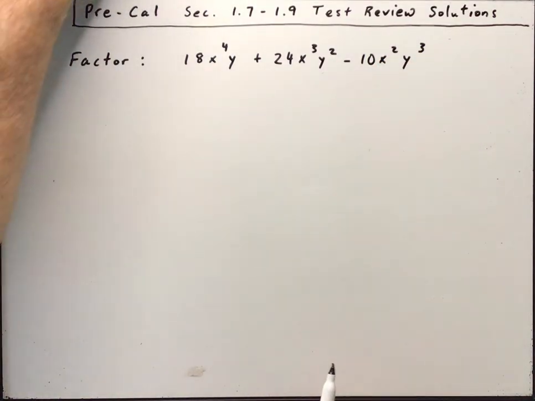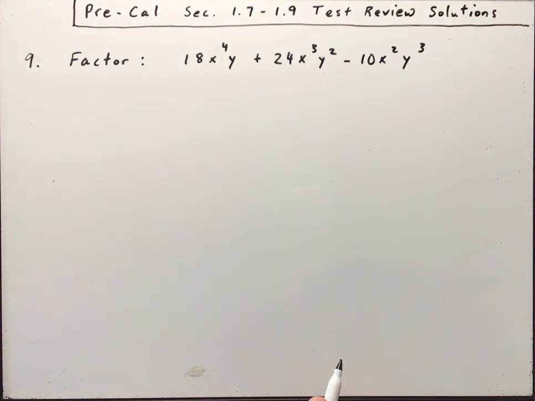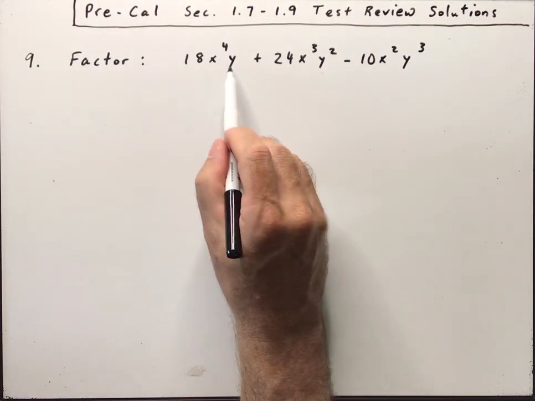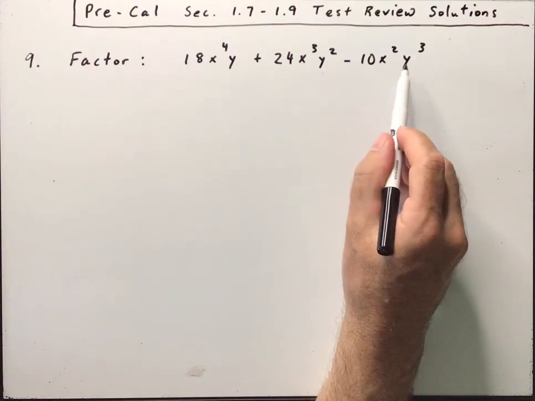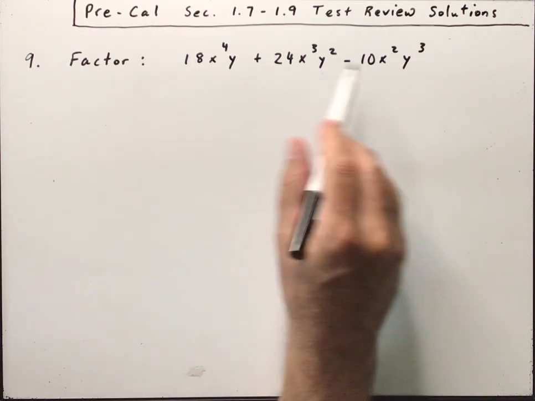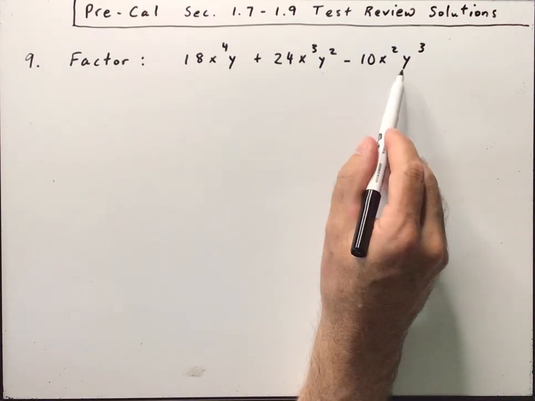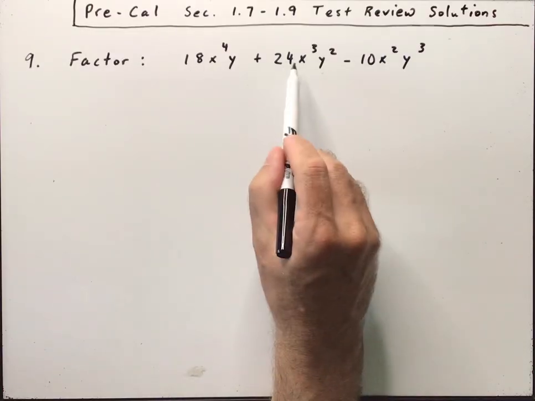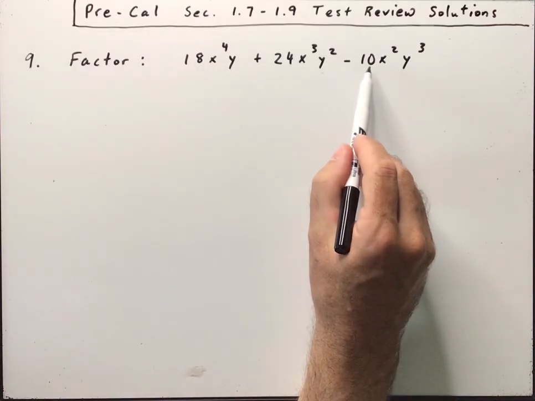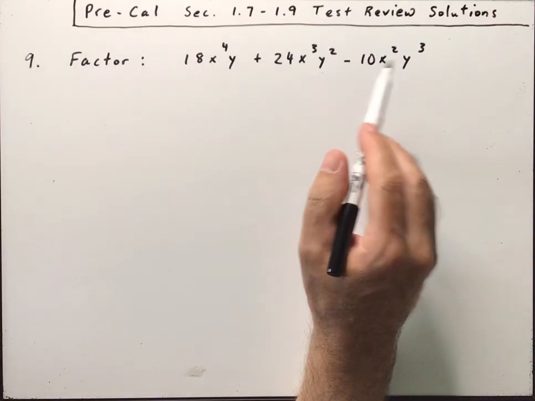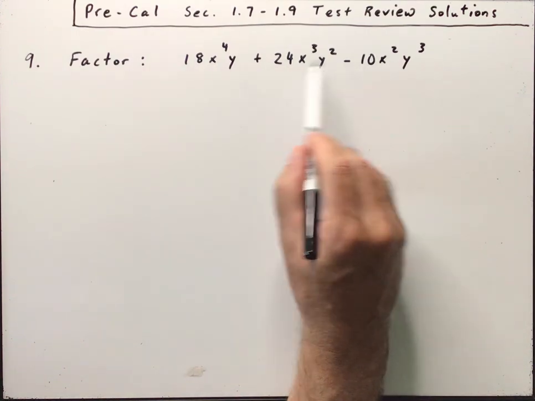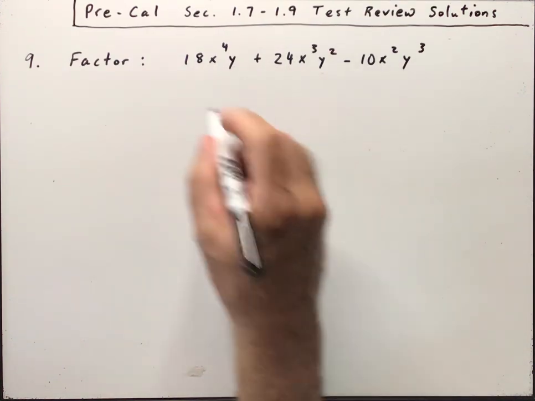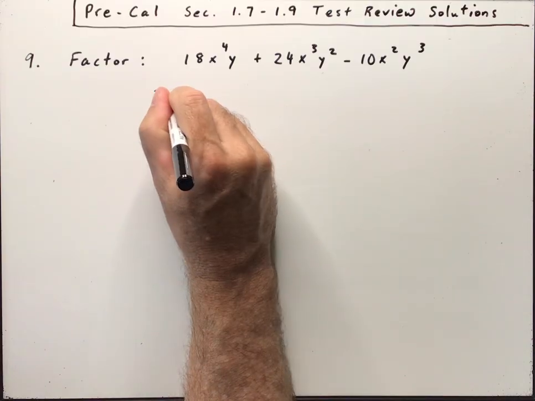With this one, you don't have on the two ends a perfect square. So remember, the first thing you want to do is try to factor out the greatest common factor. With 18, 24, and 10, we could factor out a 2 and then an x squared and then a y.